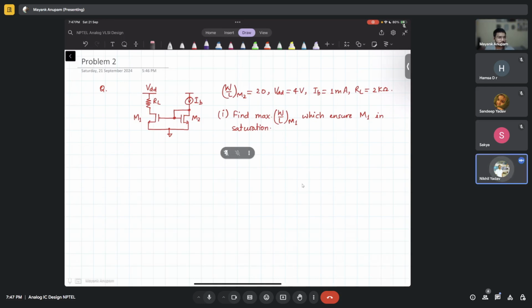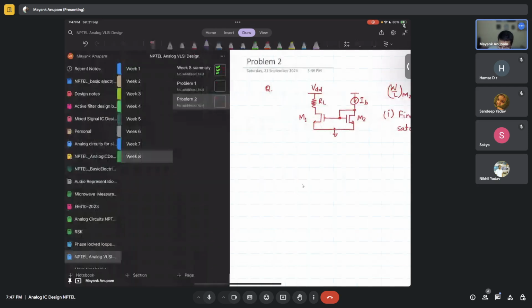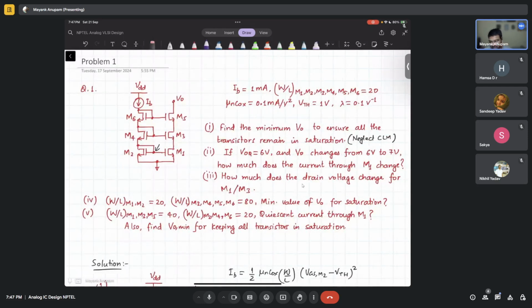Current mirroring happens only when you have a connected load, right? That is what you wanted to convey? No. What I was trying to convey was that here it looks like it is open, right? Nothing is connected at the output, isn't it? This is how it looks. Are you there with me?